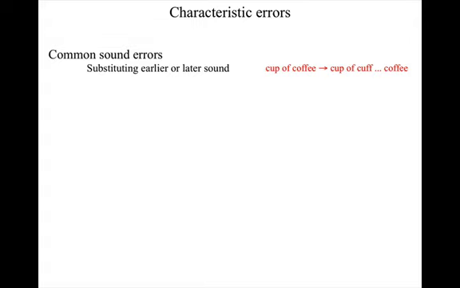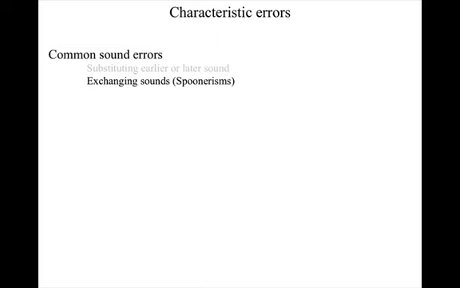So what is said is a cup of coffee. Sometimes sounds are exchanged between two nearby words, such as trying to say a crushing blow and having it come out as a blushing crow. These errors are sometimes called spoonerisms, after an individual who was reputed to make many humorous errors of this type.